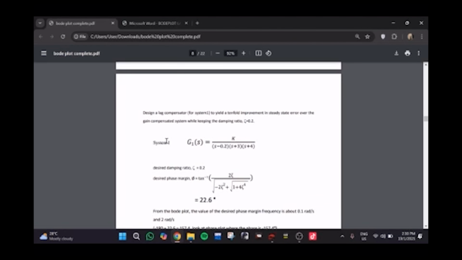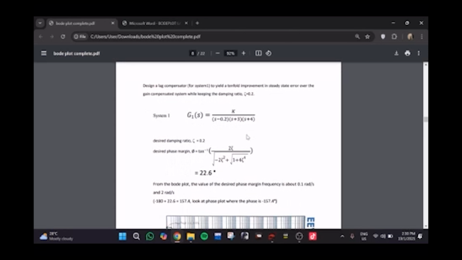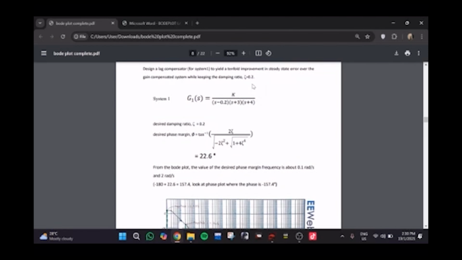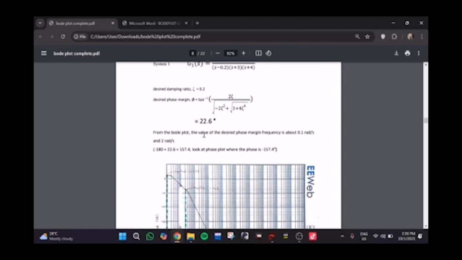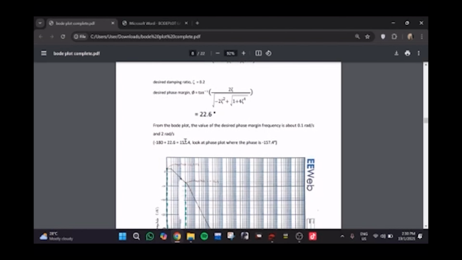The next part is to design the lag compensator for system 1 to yield a tenfold improvement in steady state error over the gain compensated system, while keeping the damping ratio equal to 0.2. So only for system 1, damping ratio 0.2. Design phase margin equals theta, using the formula, we get 22.6 from the Bode plot.